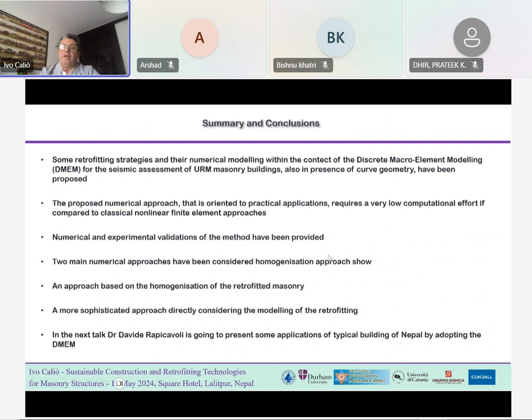The model has been validated by some comparison with experimental and more sophisticated numerical results. Two main numerical approaches have been presented for considering the effect of retrofitting. One is based on the homogenization procedure, and the other is based on the direct modeling of the retrofitting solution.